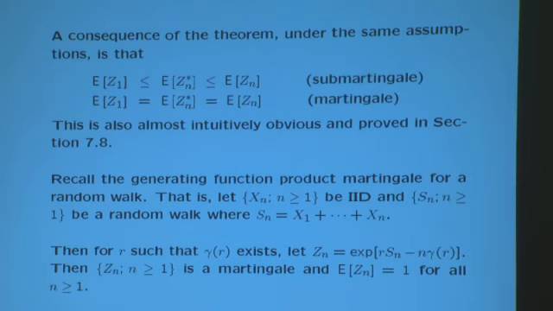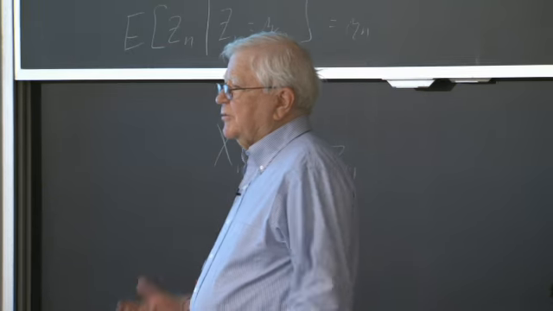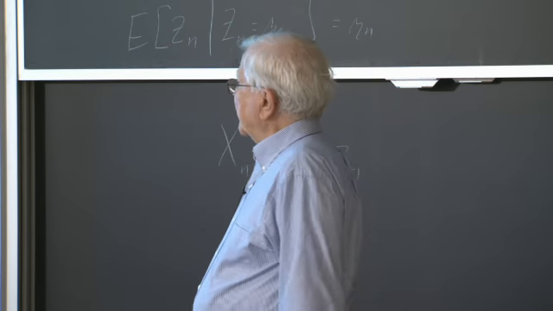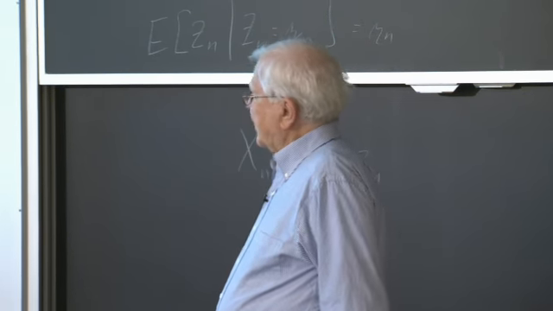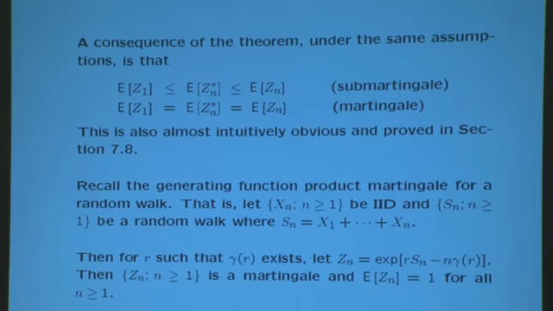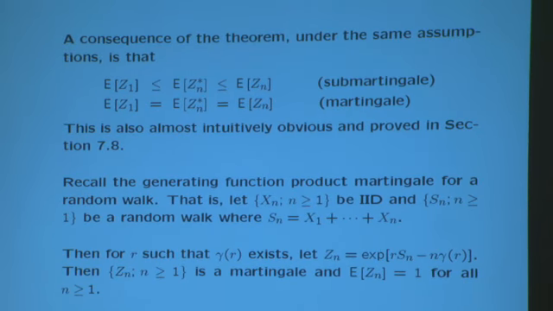So X sub n is a sequence of IID random variables. The partial sums form the variables of a random walk. Sn is a random walk, where Sn is the sum. For any r such that gamma of r exists, we then define Z sub n to be a martingale. This martingale here is called the generating function martingale. Zn is a martingale.